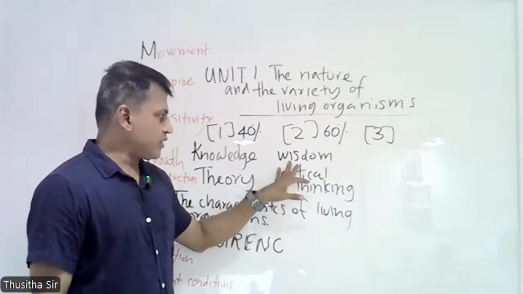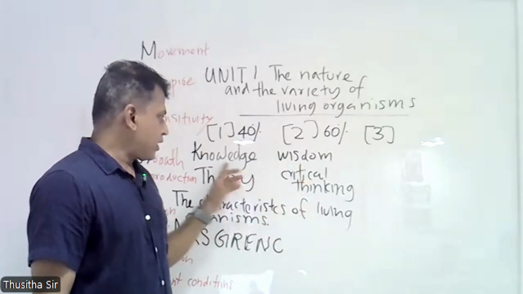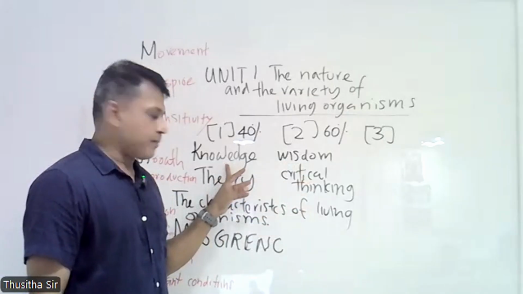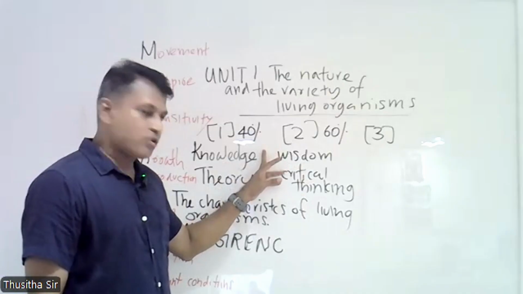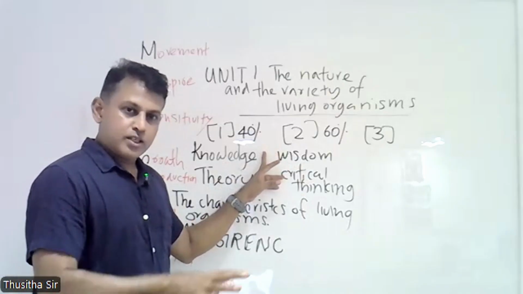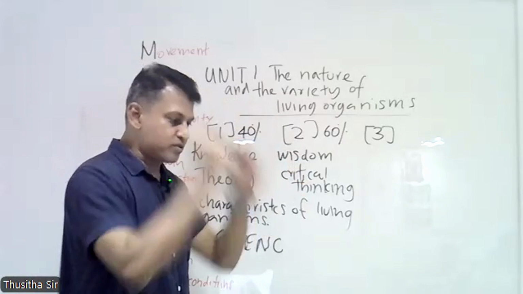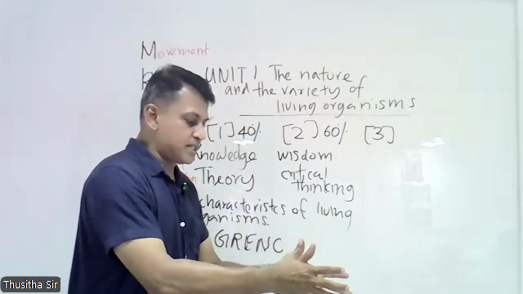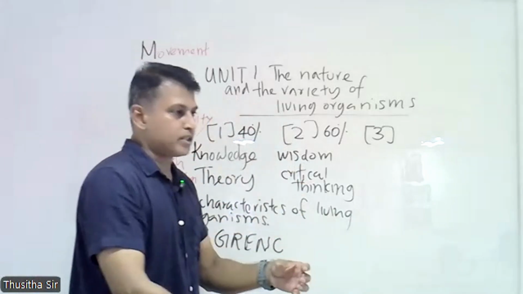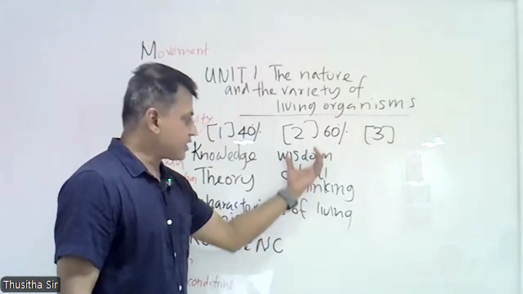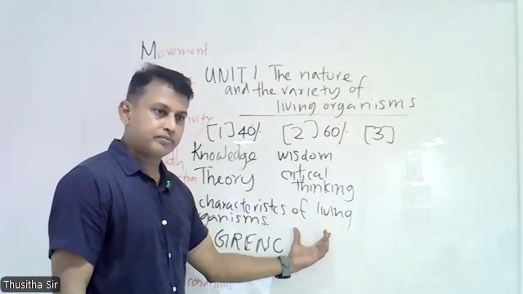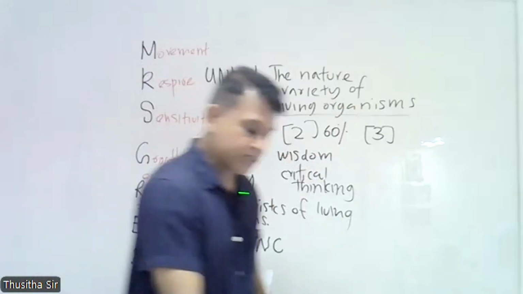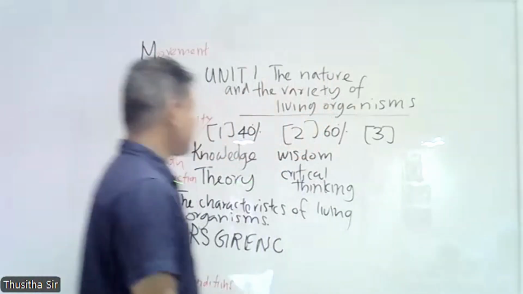So usually wisdom or critical thinking is using your knowledge, and you process your knowledge. You just have your information, you process the knowledge, and you assemble something and you come up with a conclusion. That's wisdom or critical thinking. I will give you one question to show what is critical thinking.